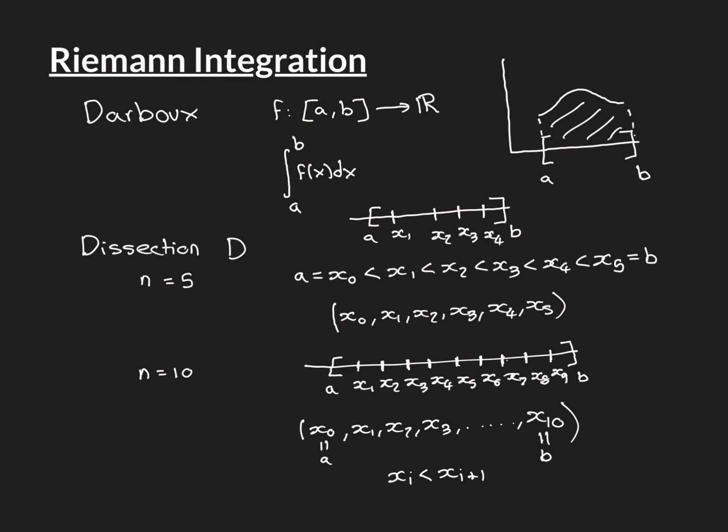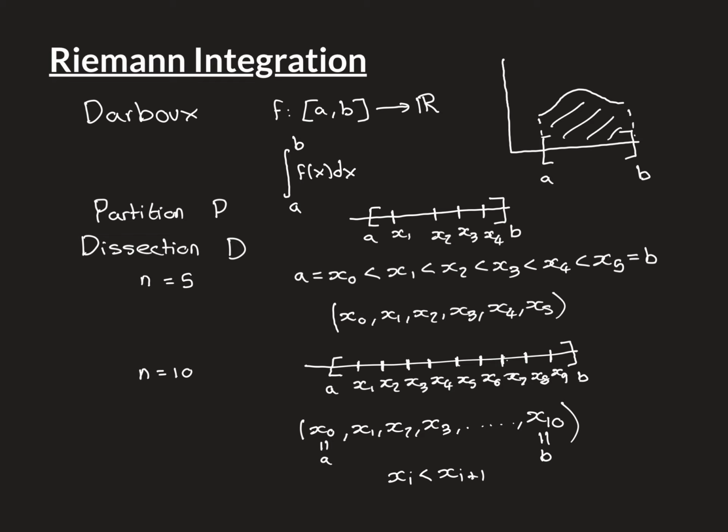Now it is closely related to the concept of a partition, which we could call P of the interval AB. When I was first taught the Riemann integral, the Riemann integration topic, I was taught it as dissections, which is why I still prefer to call this concept a dissection, D. However, if you go to analysis textbooks, they don't often call it a dissection.